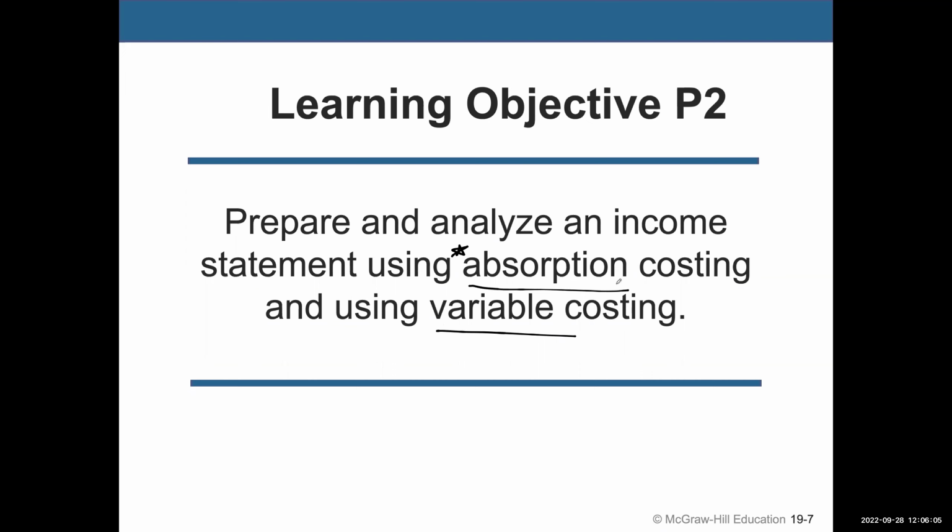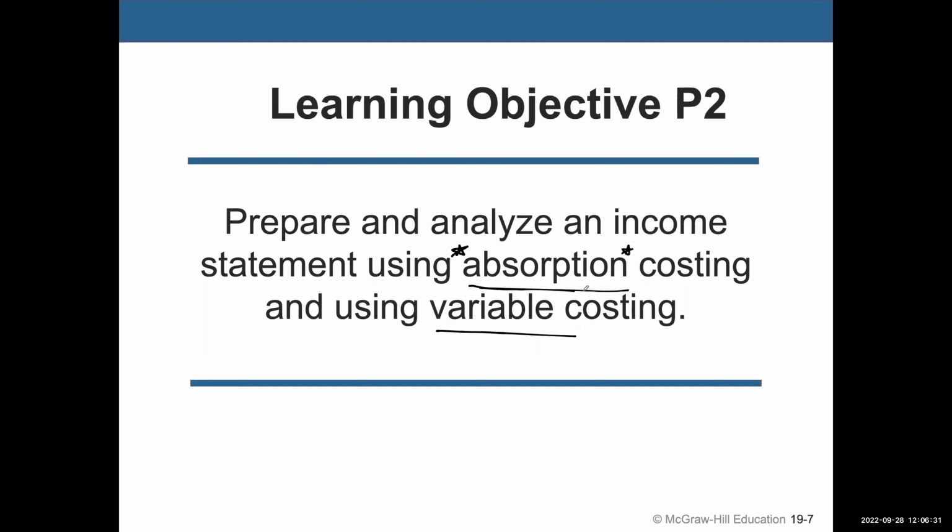Absorption costing requires the use of the traditional income statement. The reason we cannot use a contribution margin income statement with absorption costing is because a contribution margin income statement requires you to split out your fixed and your variable costs.